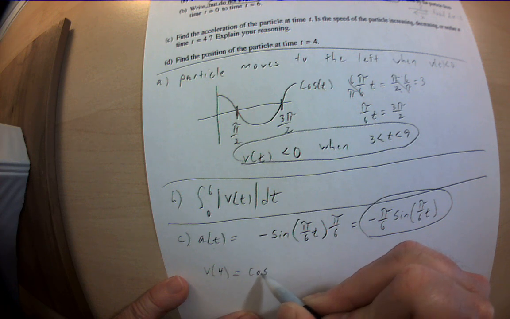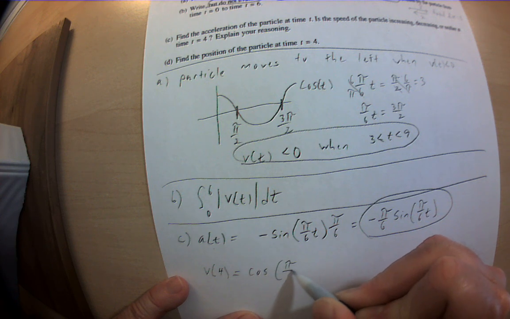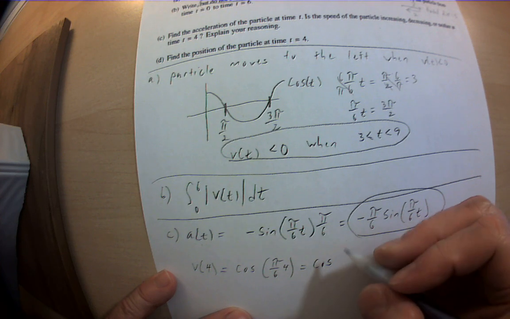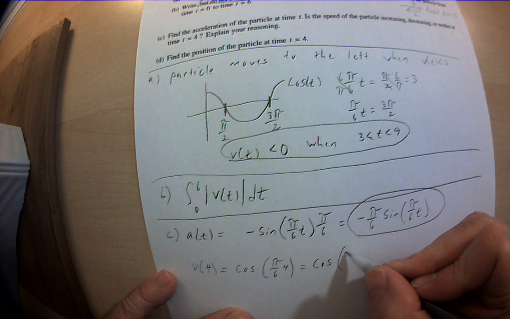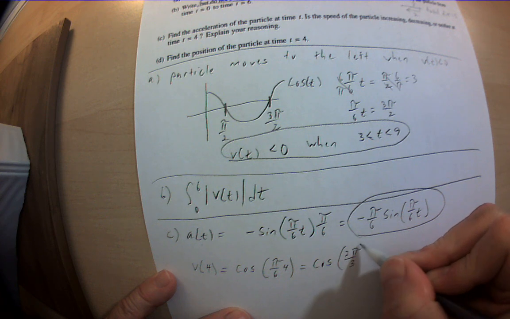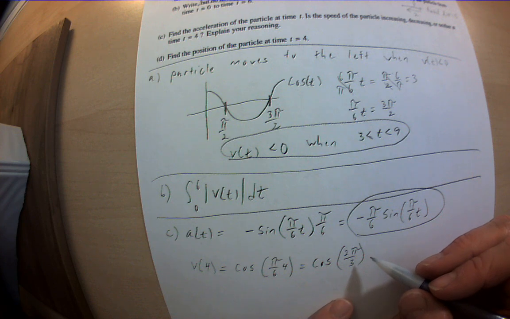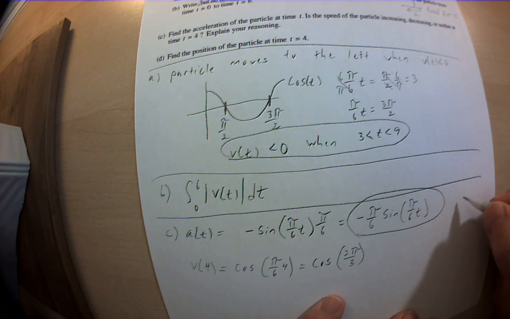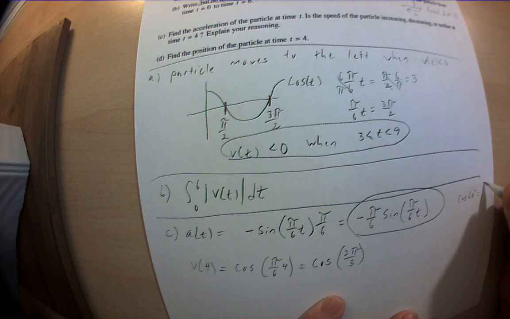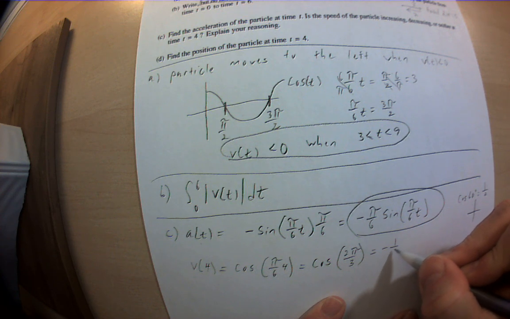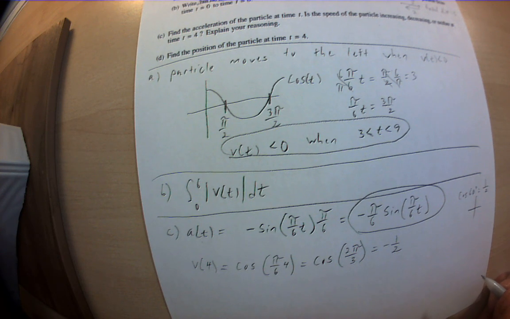That's cosine of pi over 6 times 4, the cosine of 2 pi over 3. Cosine of 60 degrees is 1/2. 2 pi over 3 is in the second quadrant, all students, so it's negative. So that's negative 1/2.